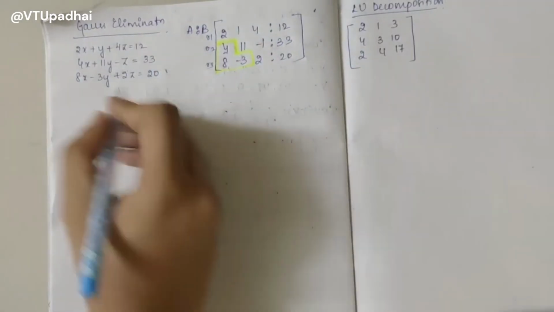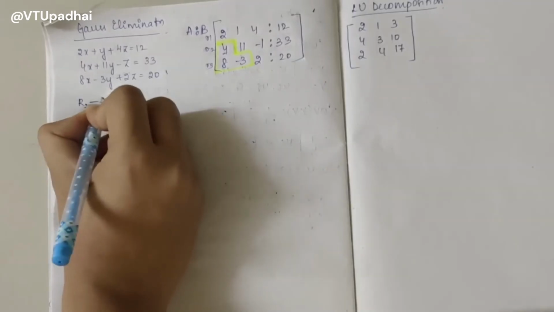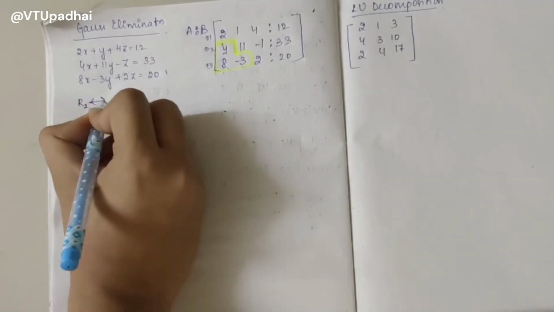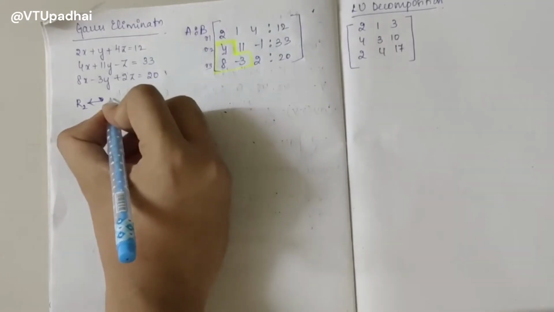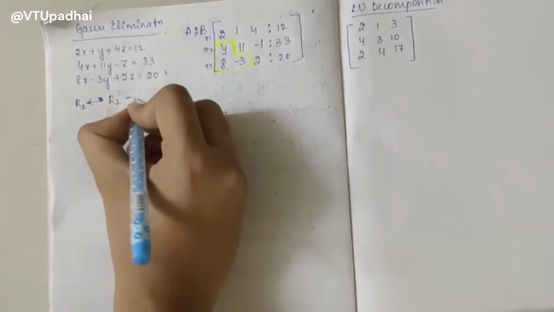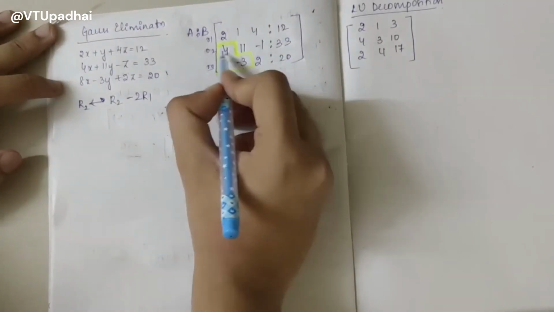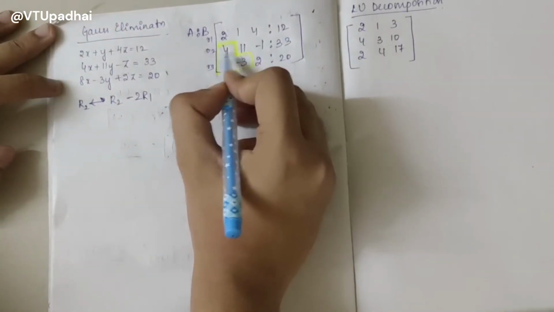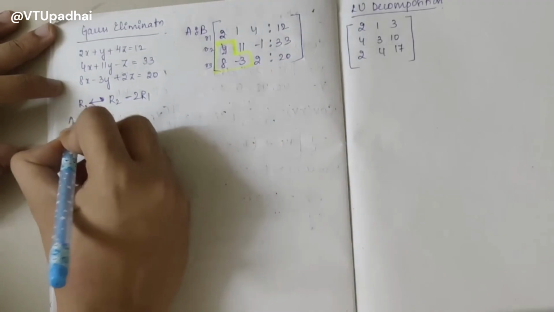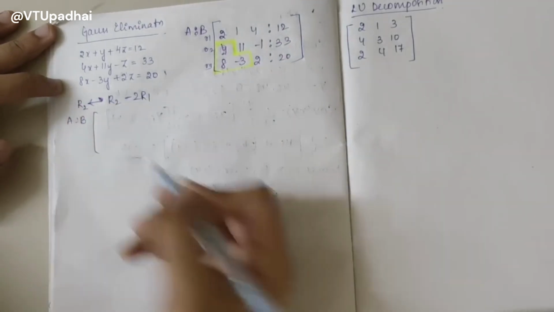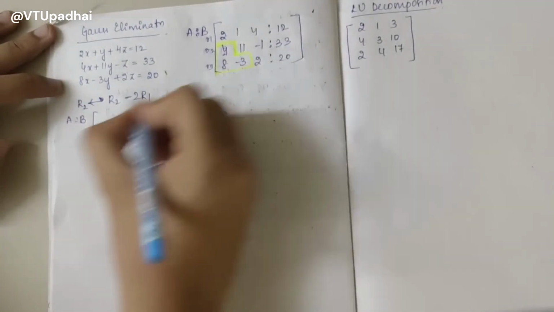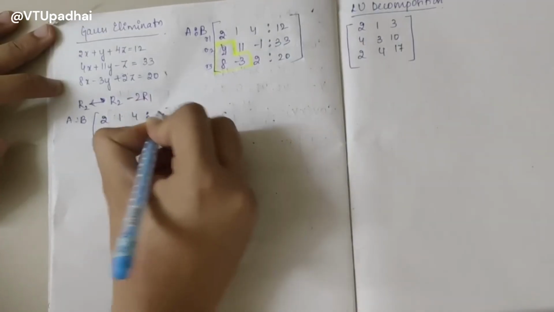So for row 2, I'll perform an operation. Row 2 needs to be updated such that R2 becomes R2 minus 2 times R1. When I multiply by 2 here, 4 minus 2 into 2 is 0, so here I'll get 0. I'll write the updated matrix here. After performing the operation, the upper part would be the same.